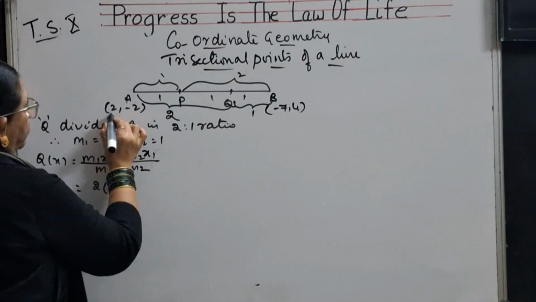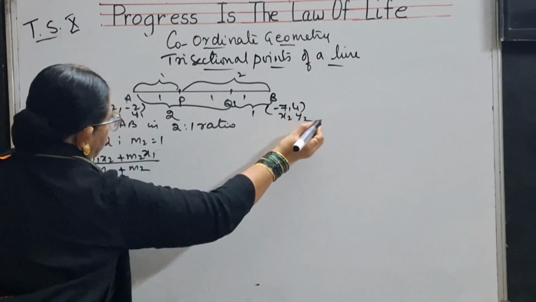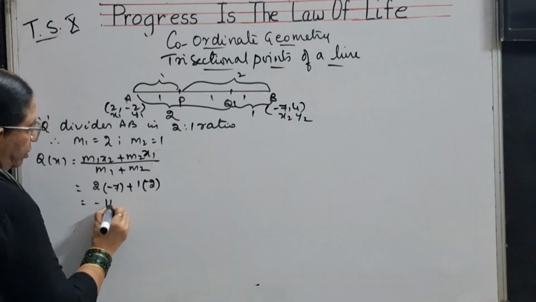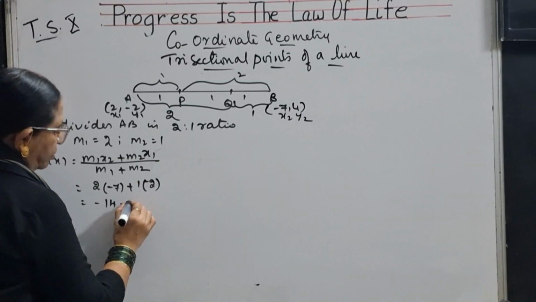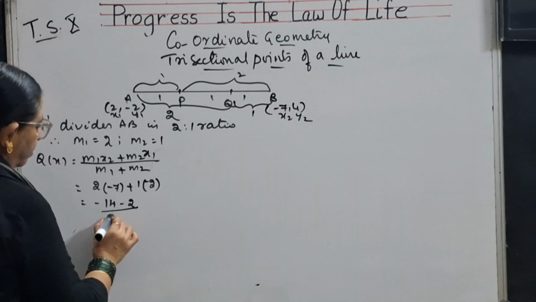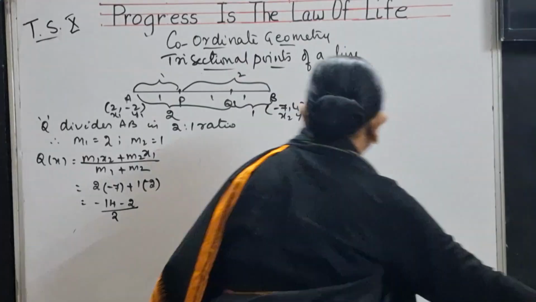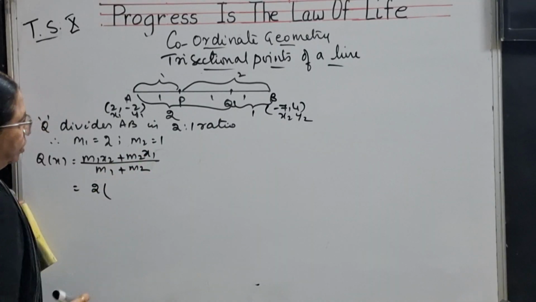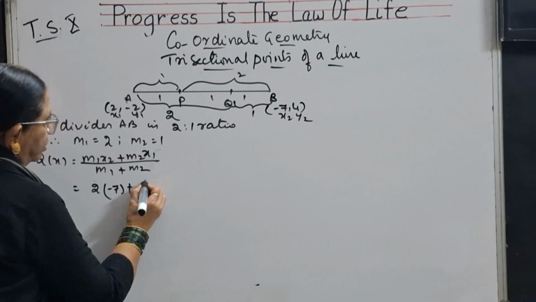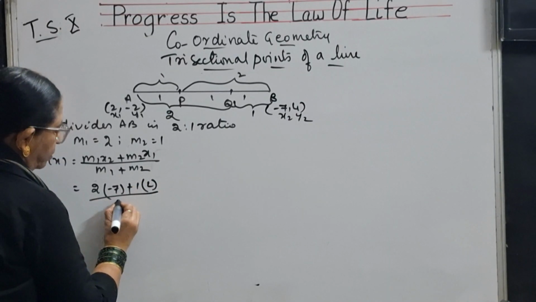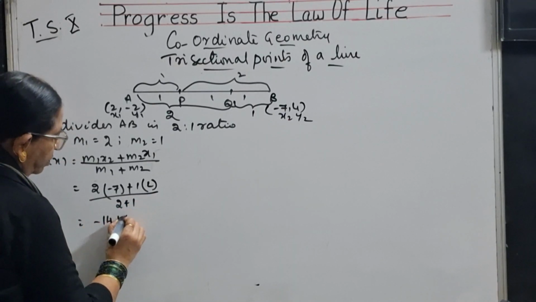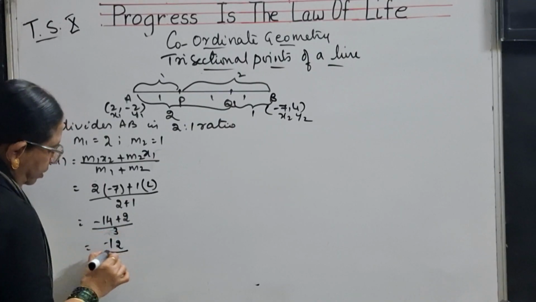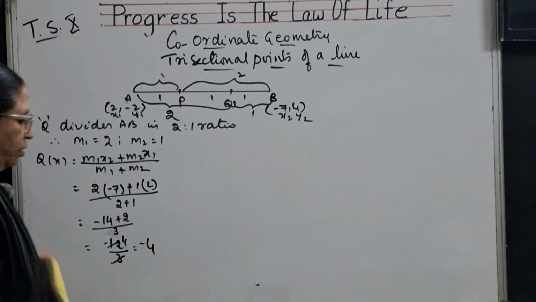So this is x1, y1, x2, y2. m1 is 2 into x2, x2 is -7, plus m2 into x1, 2, by 2 plus 1, that is -14 plus 2 by 3, that is -12 by 3, 3 fours are 12, so -4 is Q of x.